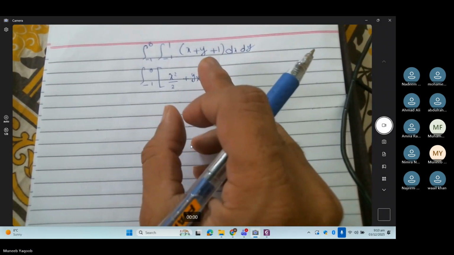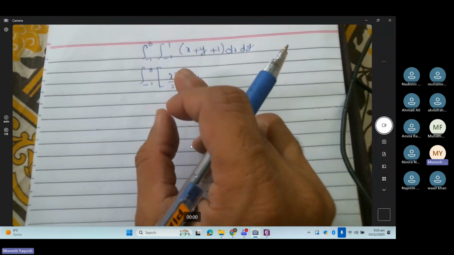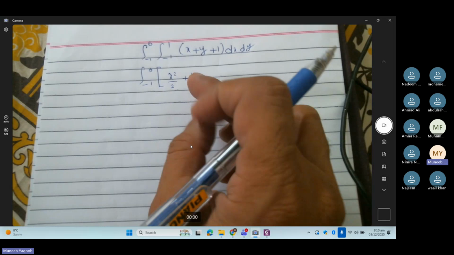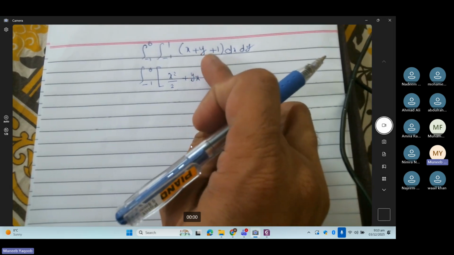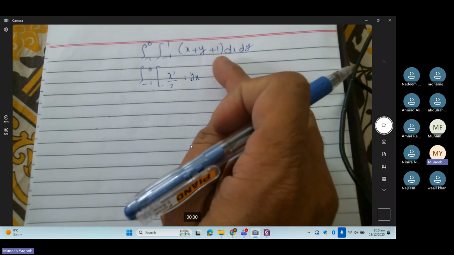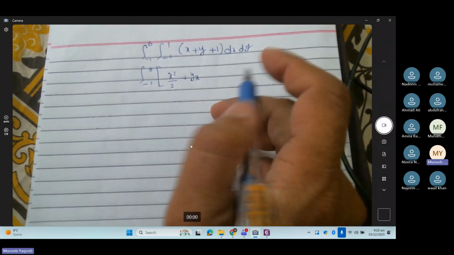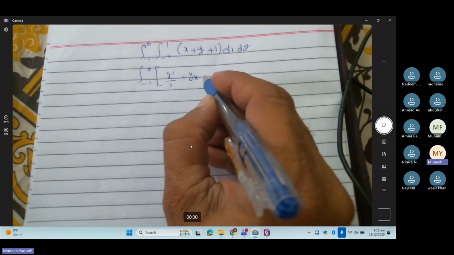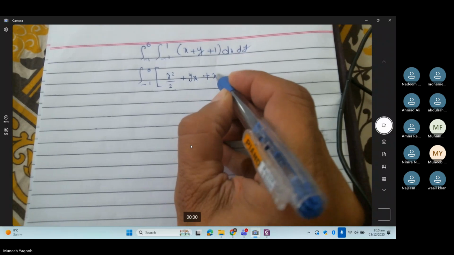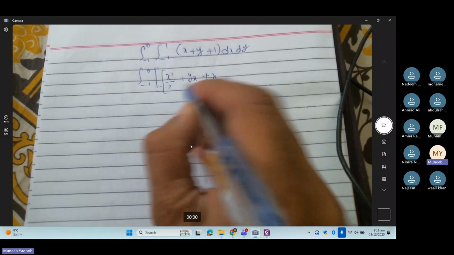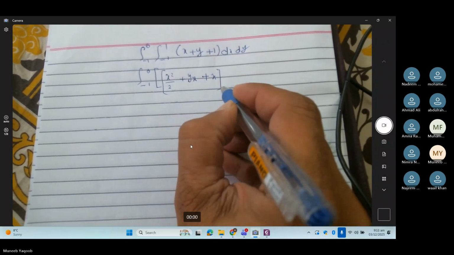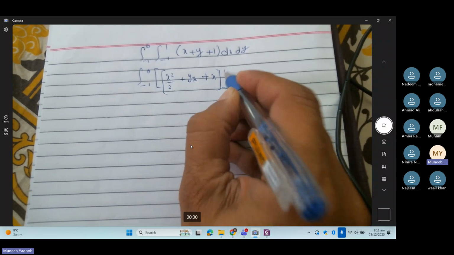Because if we take y common, then there is a 1 in this term, and the integral of 1 is x. So x multiplied by y is xy. Similarly, the integral of 1 is x. So now we will apply the limits from -1 to 1.